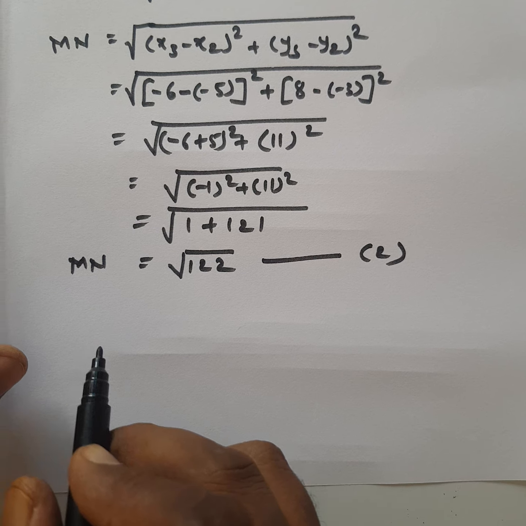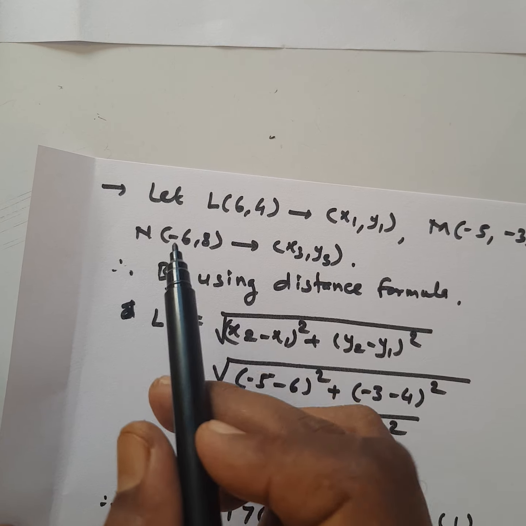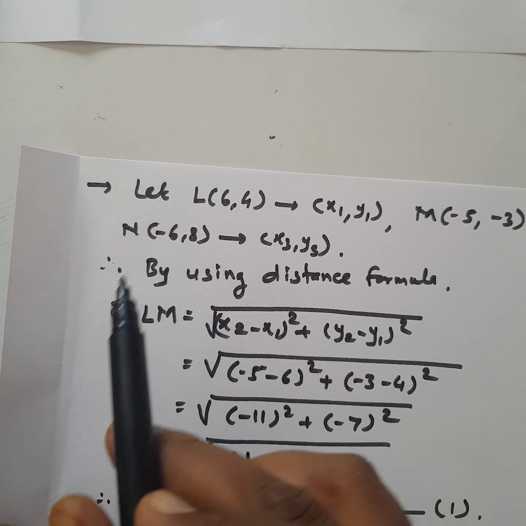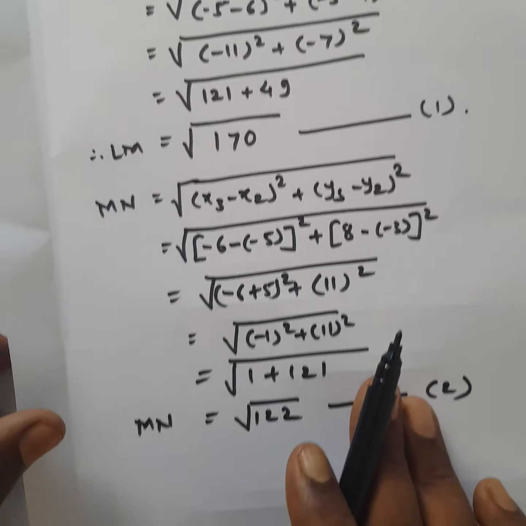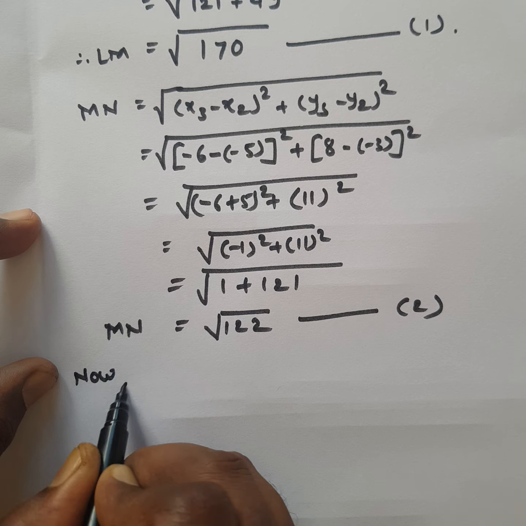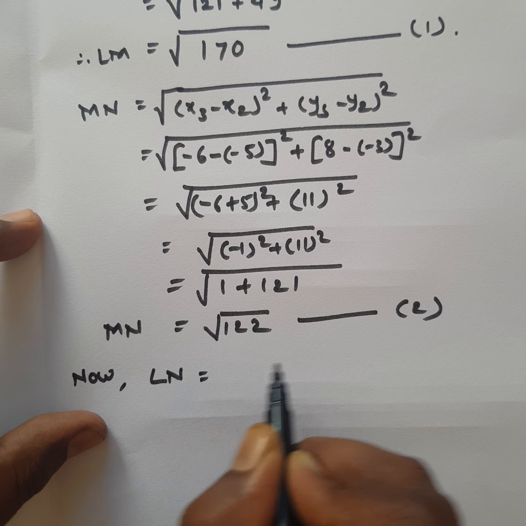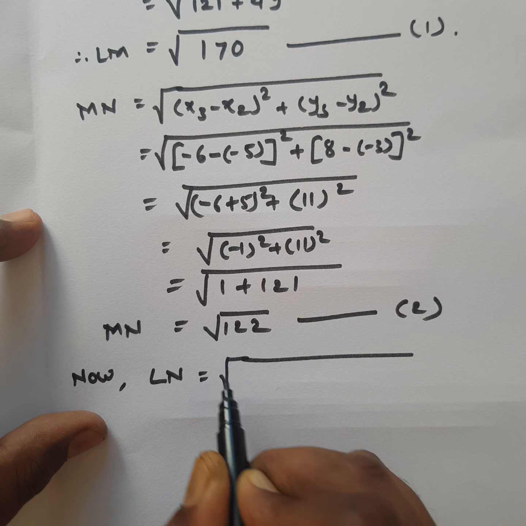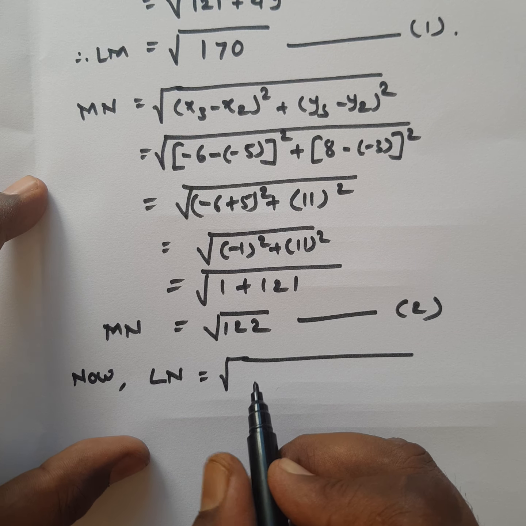Now third will be LN. LM, MN and LN. We will find side LN. LN is equal to, here the coordinates of point N are x3 y3.